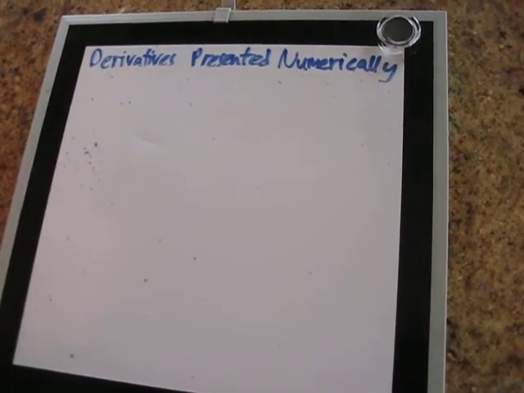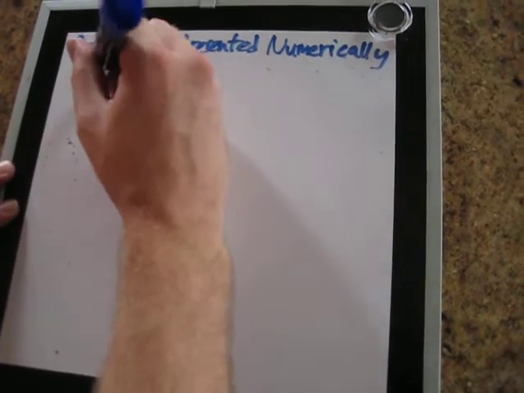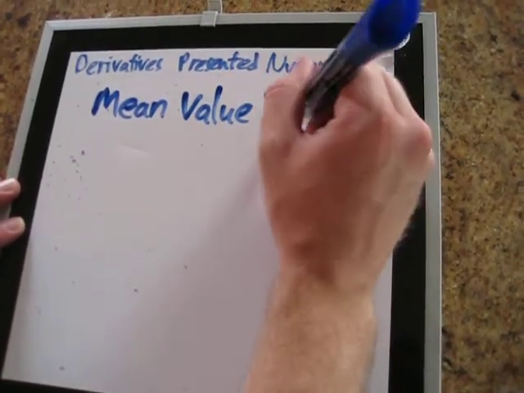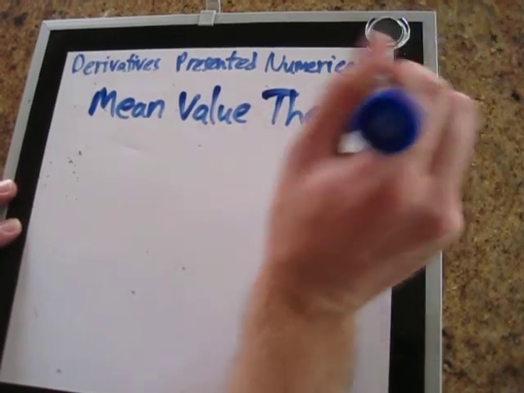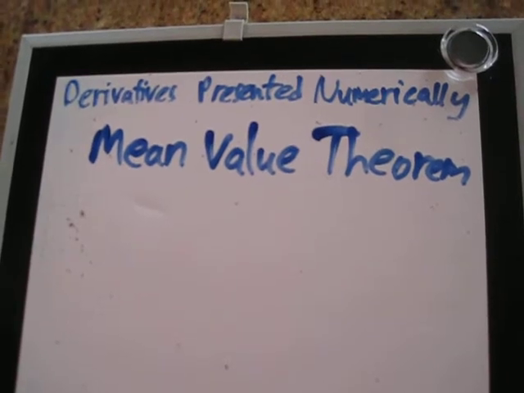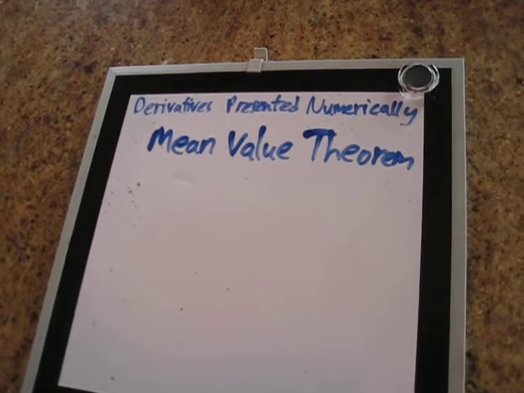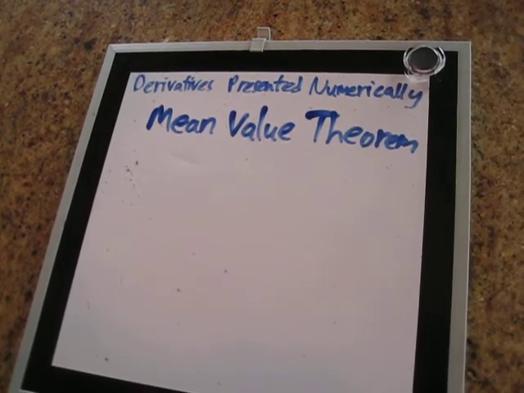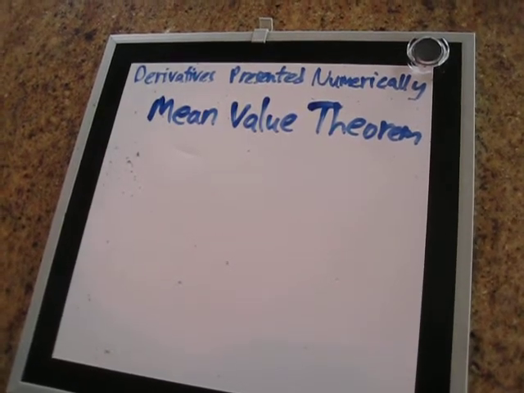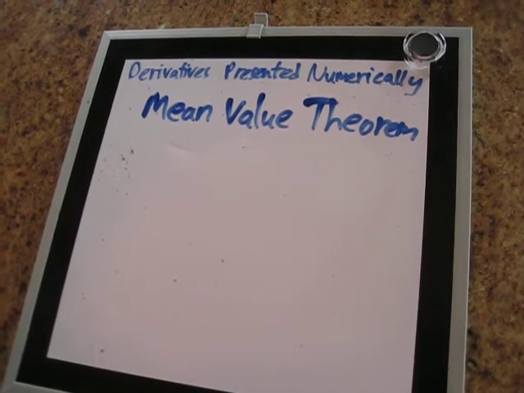And so another theorem that's important that deals with secant lines in calculus is known as the mean value theorem. The mean value theorem essentially states that if a function is continuous on the closed interval a to b and differentiable on the open interval a to b, then there exists some c on the open interval such that the slope of the tangent line at x equals c is equal to the slope of the secant line on the interval.